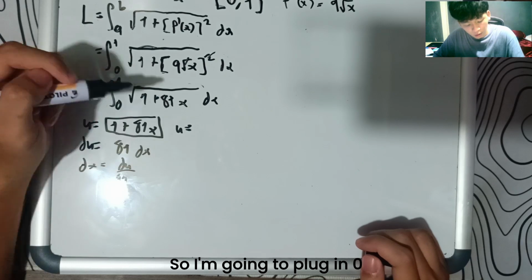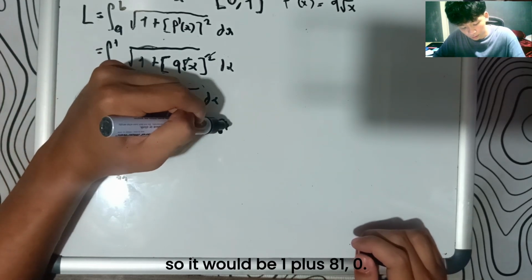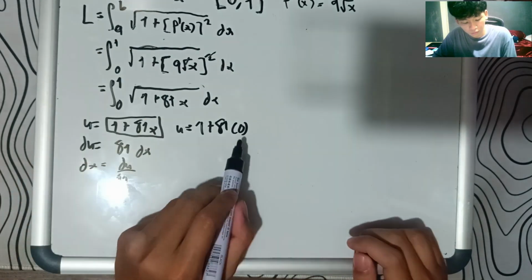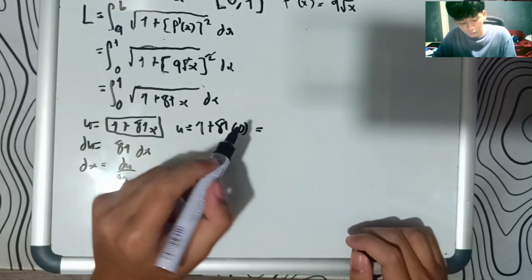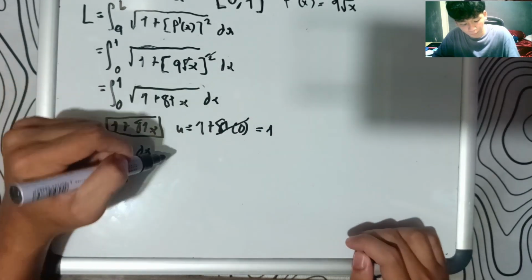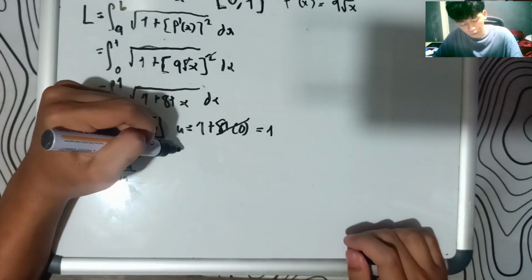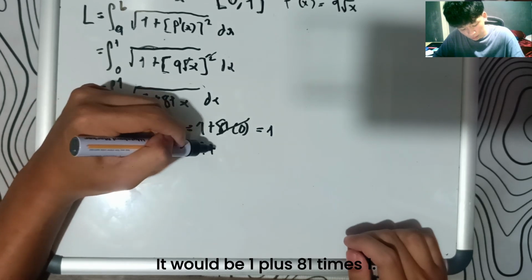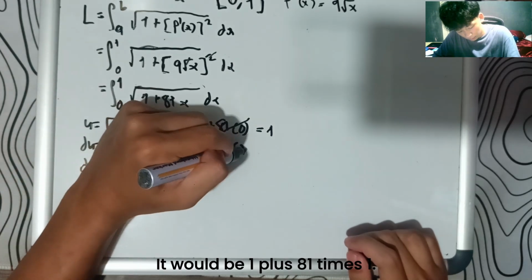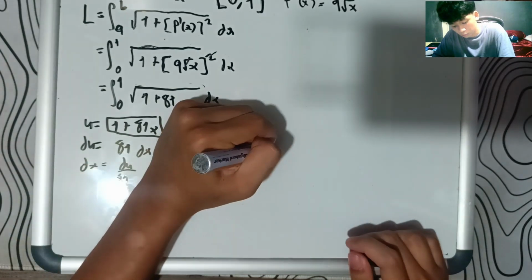I'm going to plug in 0, so it will be 1 plus 81 times 0. This will cancel, it will just give us 1. And what if I plug in 1 into this equation? It would be 1 plus 81 times 1. That would give us 82.